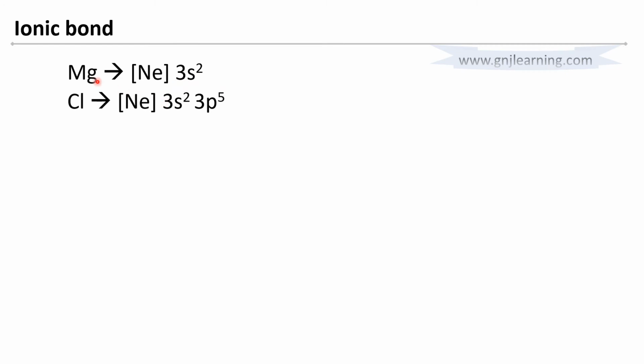If magnesium loses 2 electrons, it can gain an octet similar to neon. So it has to lose 2 electrons, whereas chlorine requires only 1. So what happens?